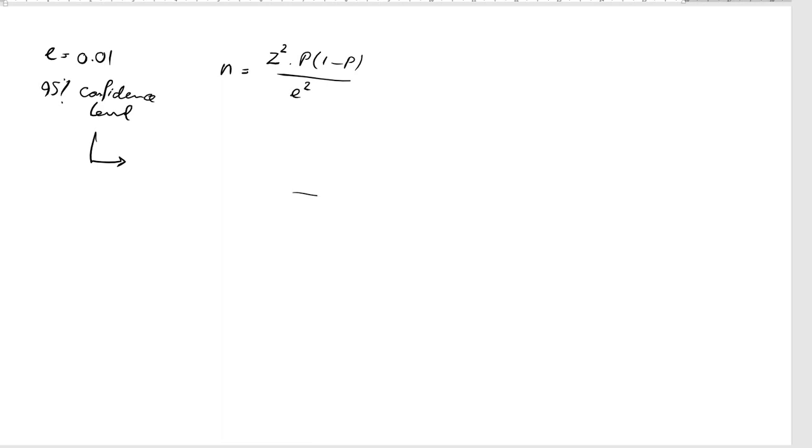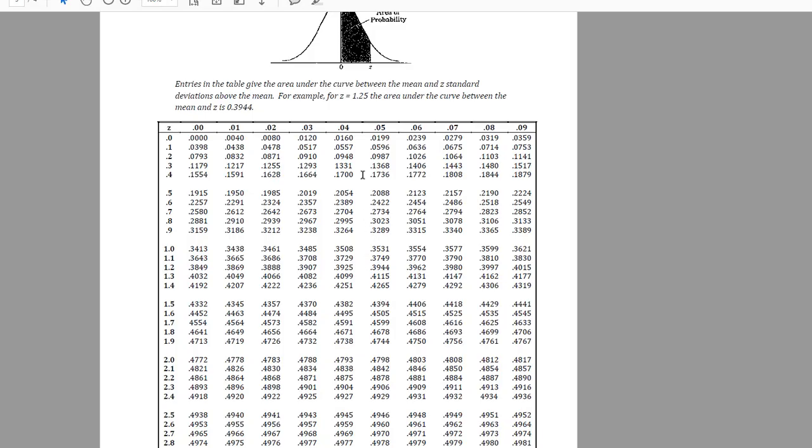So if I try the distribution again, from here to here is 95%. I'm after these values here, positive z and a negative z. As you know, so I need to go to the table.